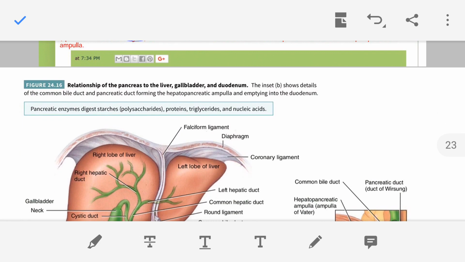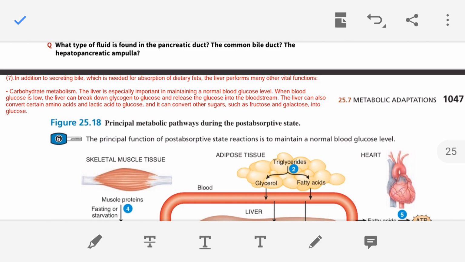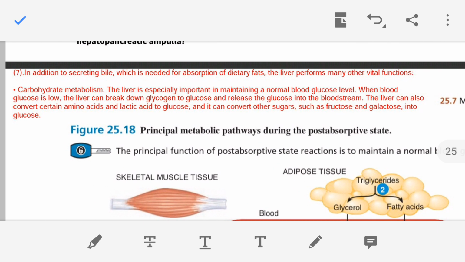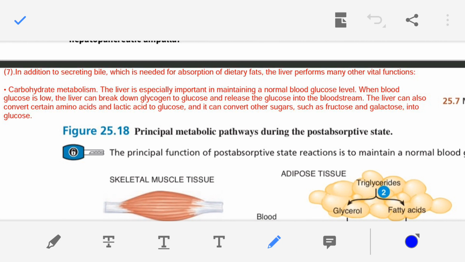Now moving on to the seventh point of our discussion. Now additionally, see, the main function of the liver is to secrete bile, but there are some more functions that the liver is involved in.